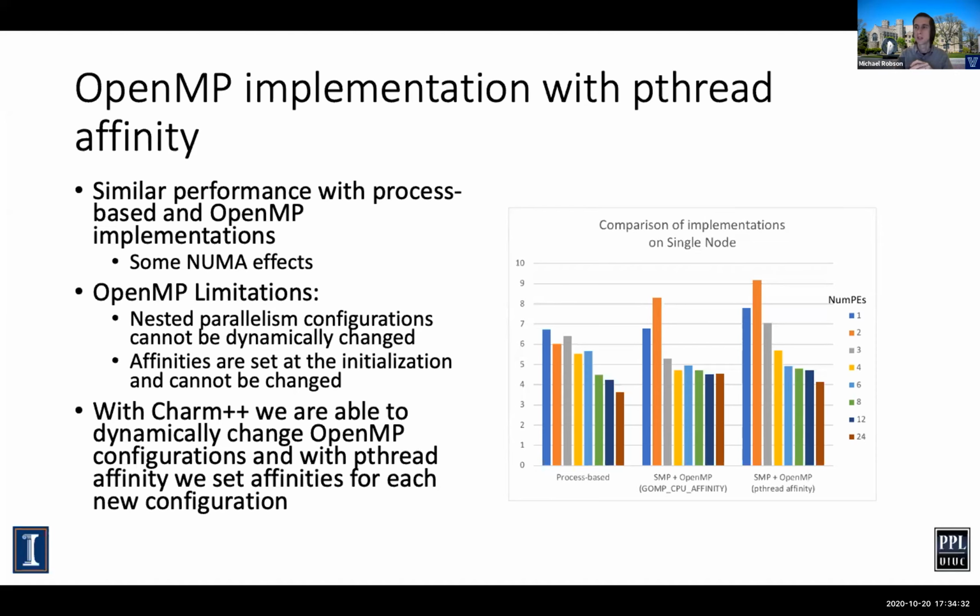Instead, if we use pthread affinity, when we change the number of masters and workers, we can actually reset their affinity such that they're correct for when we grow or shrink those pools. So with Charm and OpenMP, pthread affinity lets us do this update over time. That's our ultimate goal. Right, so here we can select the best configuration, which is this one here.